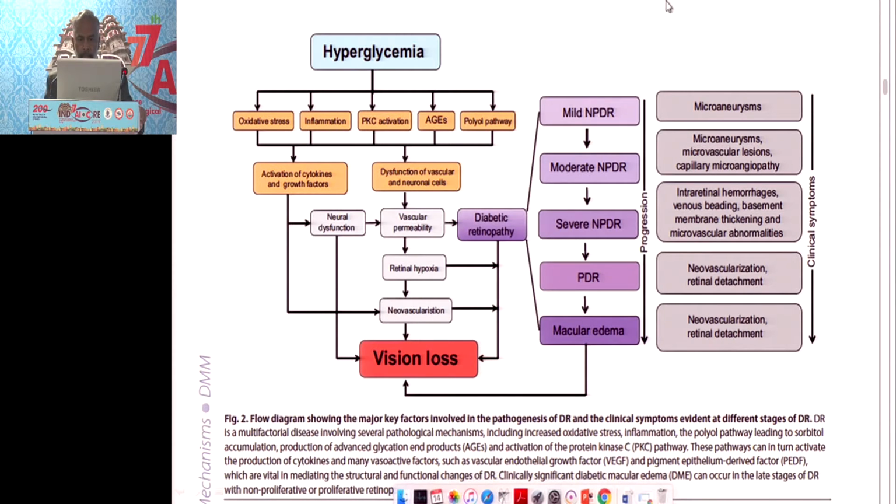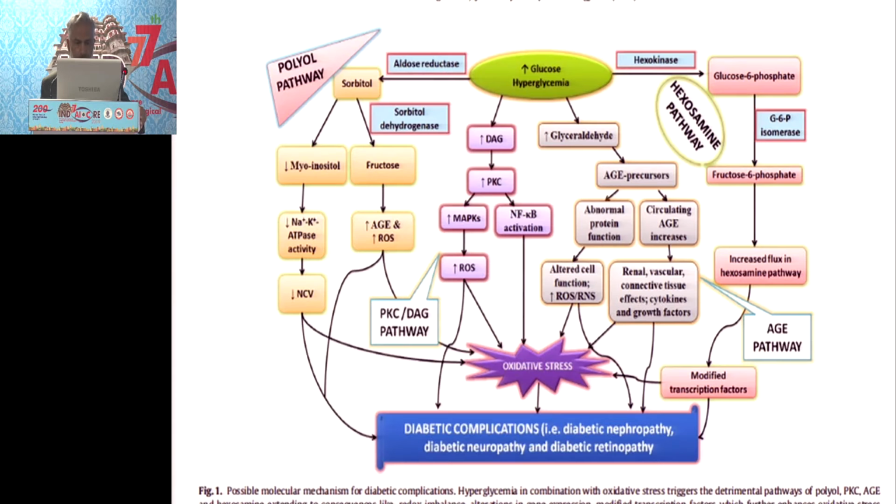Each of them leads on to various steps of clinical situations, starting from mild disease to macular edema. Then you find these changes at the tissue level in the retina, the neurovascular unit, starting from microaneurysms and leading on to neovascularization and retinal detachment, and obviously finally leading to vision loss.